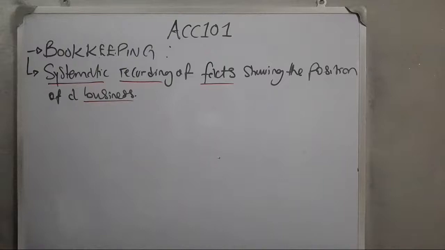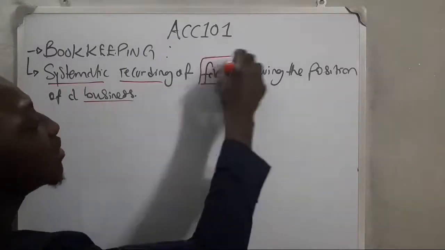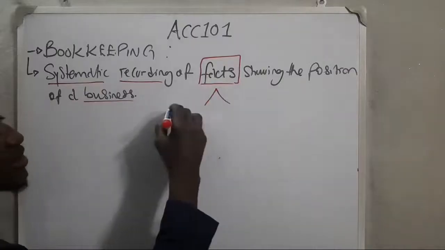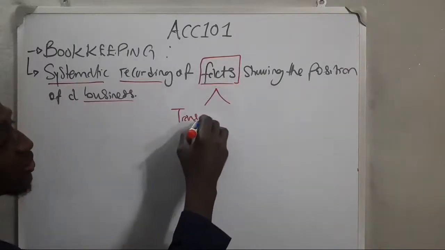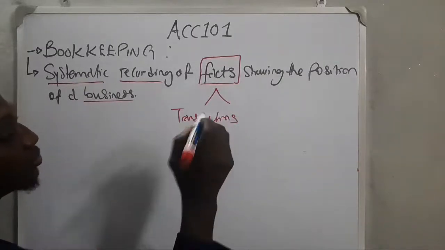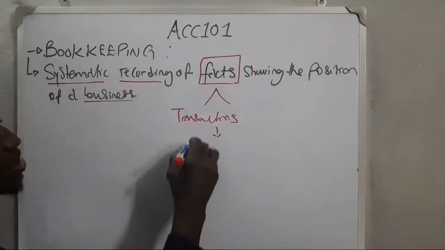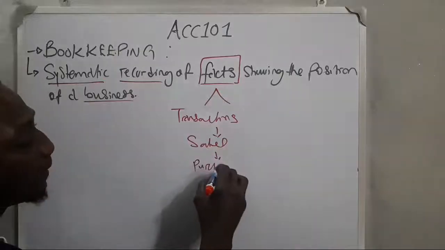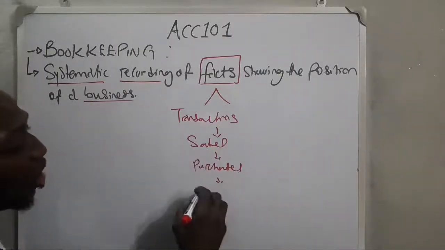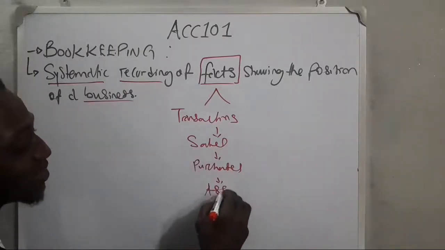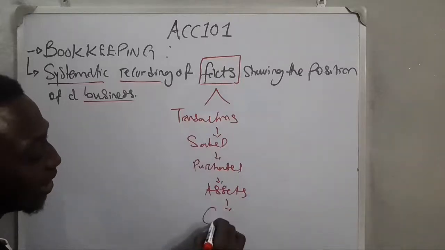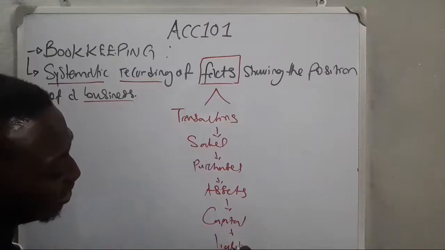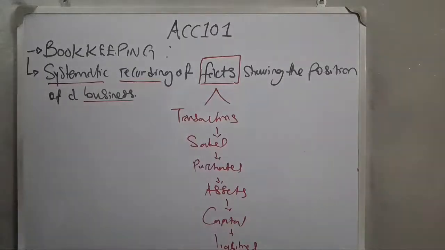Now, encapsulated beneath this word are transactions, which could be sales, purchases, assets, capital, liabilities listed.